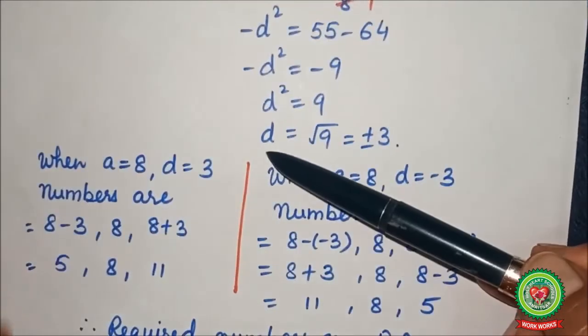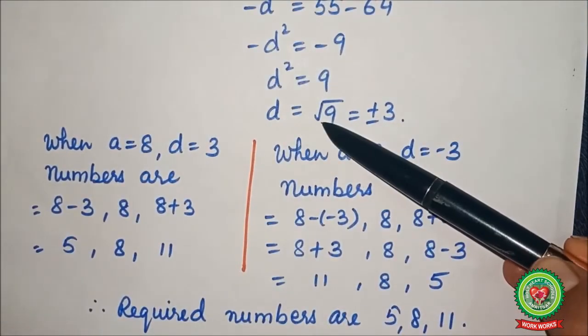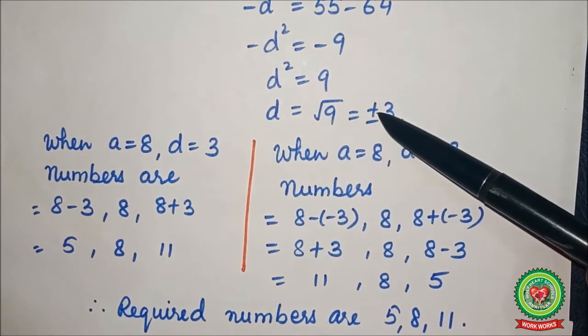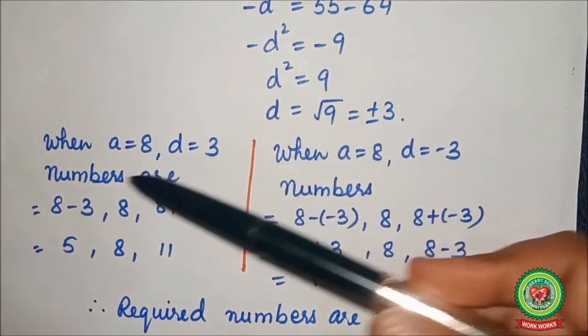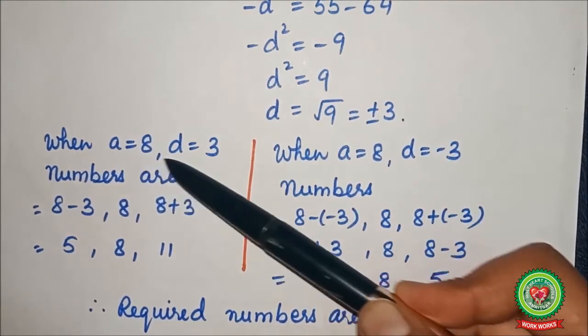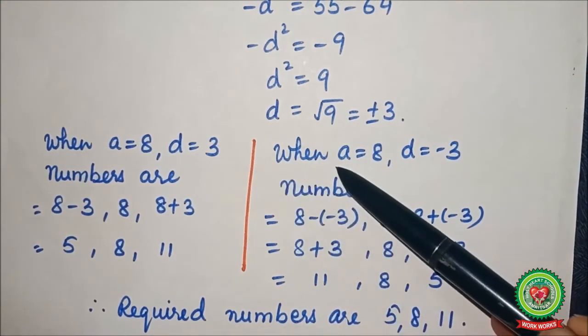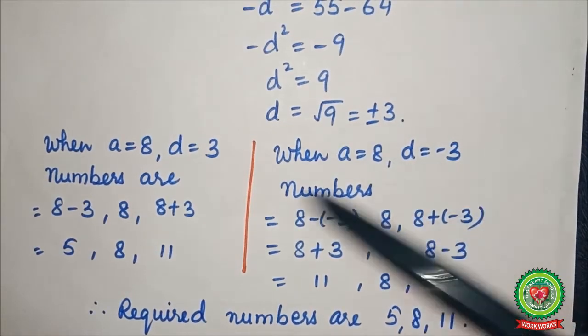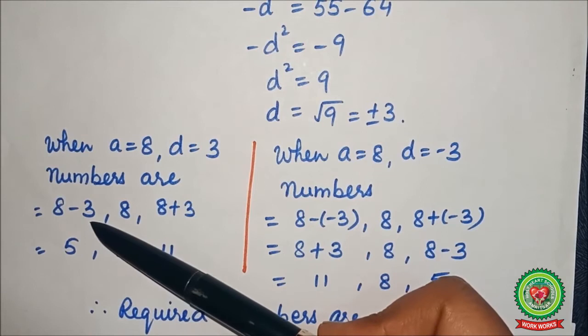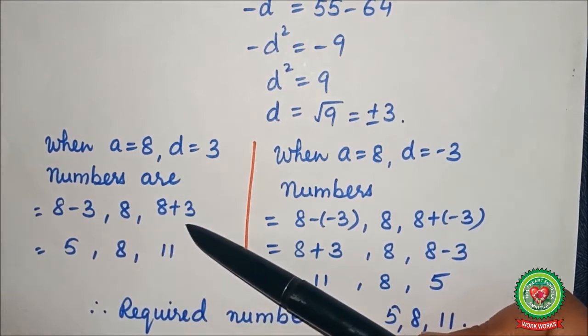Now d is equal to under root of 9. So we are getting two values, plus minus 3. We will consider both the cases. First, when a is equal to 8 and d is equal to 3. Second, when a is equal to 8 and d is equal to minus 3. So here numbers are 8 minus 3, 8 and 8 plus 3.